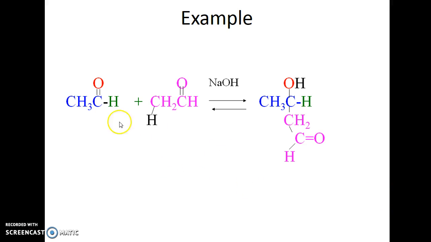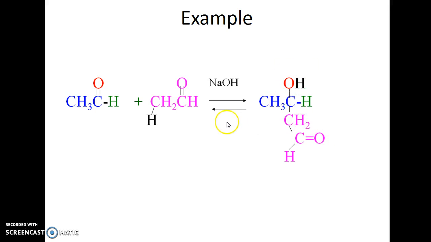Let's look at it. Here is acetaldehyde. Here's another acetaldehyde. What's going to happen is the sodium hydroxide will remove a tiny percentage of protons from some of the aldehydes. That will do nucleophilic attack, and then we make this.